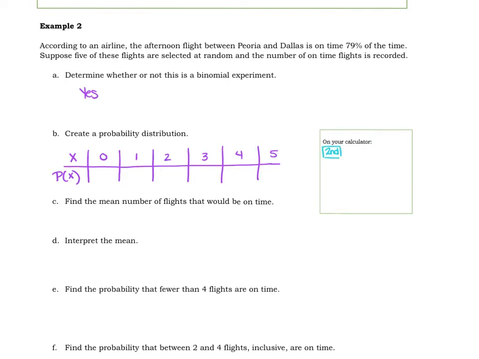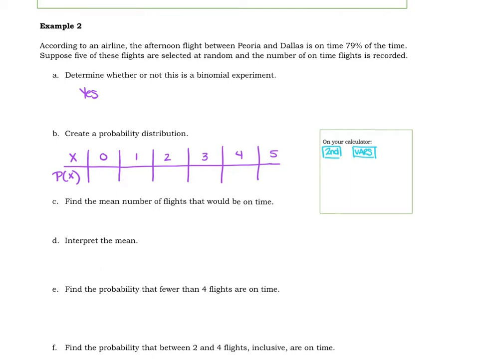And then you want to go find the key that says VARS, V-A-R-S. Okay, and that should be just to the left of your clear button. Above it, it says DISTR for distributions. That's really what we're accessing, the distribution menu.